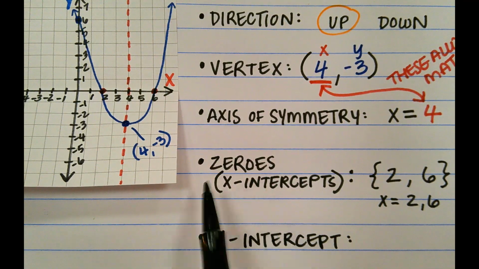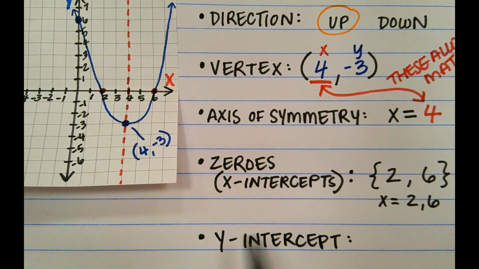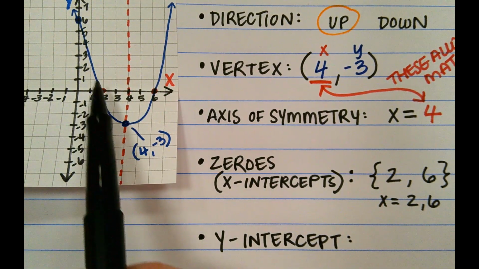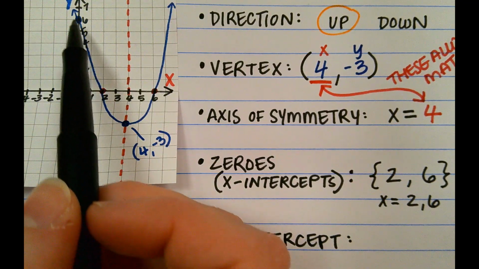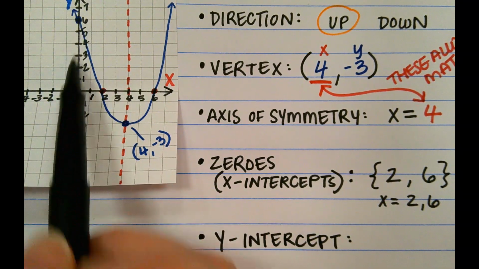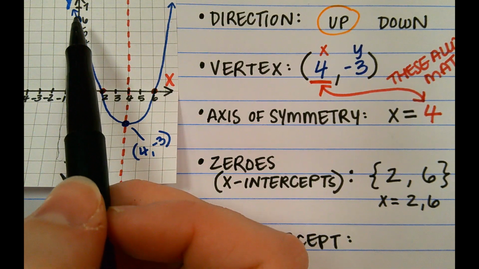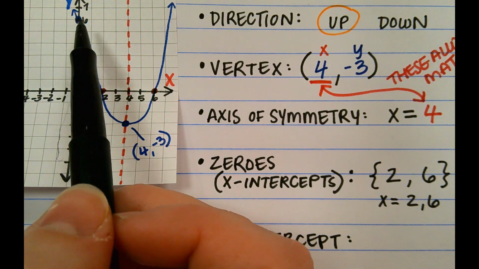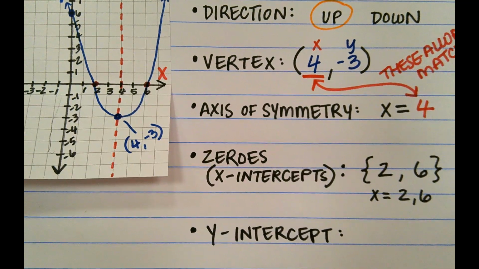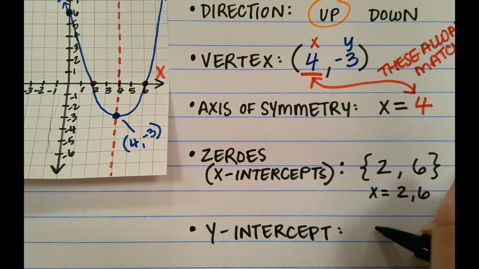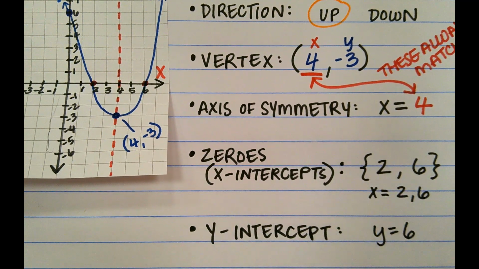It's the same as x-intercepts, except now I'm thinking, where does my parabola cross over the y-axis? And the y-axis is the one that goes up and down. And you can see if I trace that line, we're crossing at y equals 6. So our y-intercept would be y equals 6.